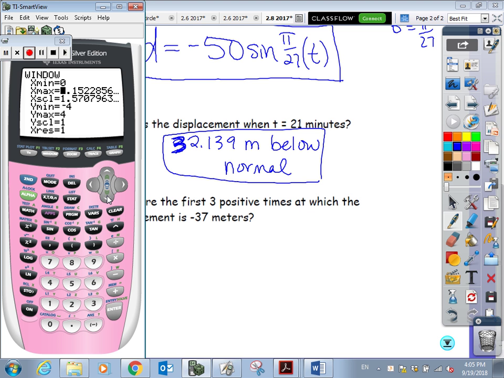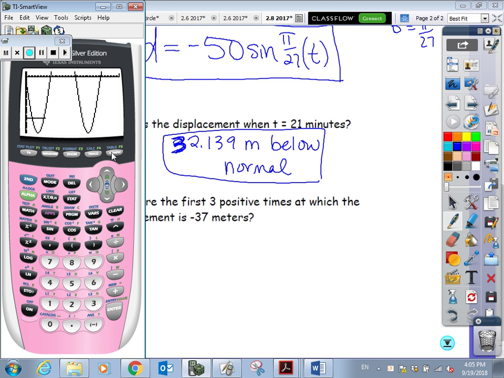So we want to at least double that. So let's go to 100. And then the y min and max, we want y equal to negative 37, so we need to see at least negative 37. So I'm going to go ahead and make that negative 50. Now we can see a lot more of that graph.